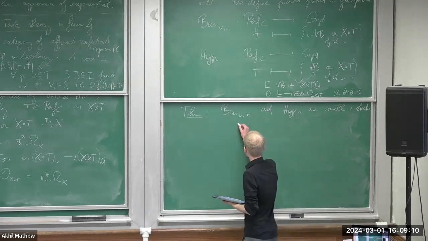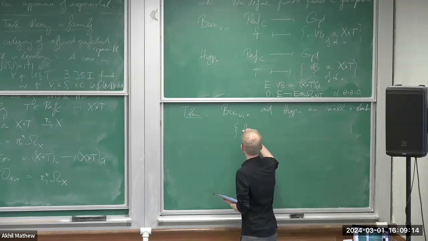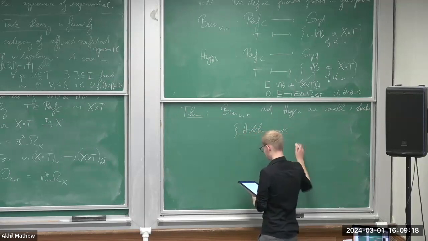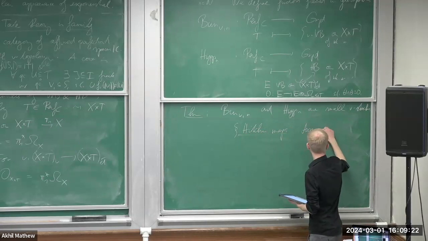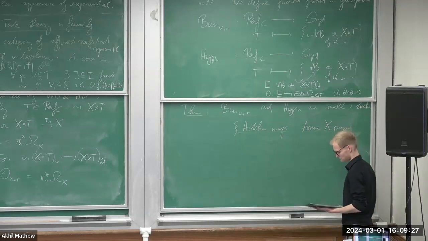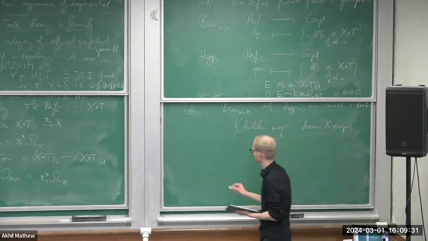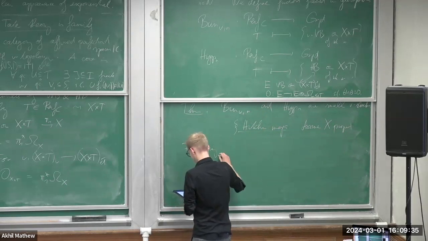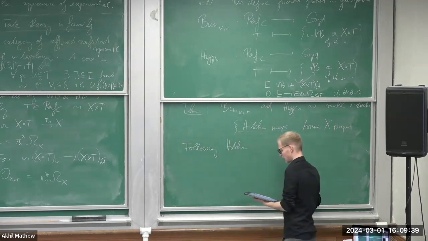Okay, so the next thing I want to discuss is now I actually want to do geometry with these things. I want to talk about Hitchin maps. And for this, you should assume that X is proper. And so on the Higgs side, the Hitchin morphism is a classical construction in algebraic geometry.